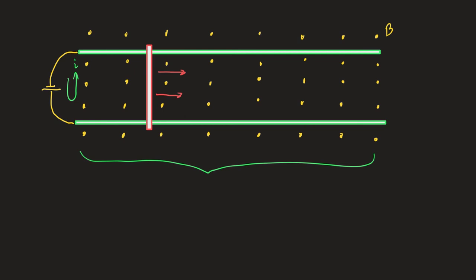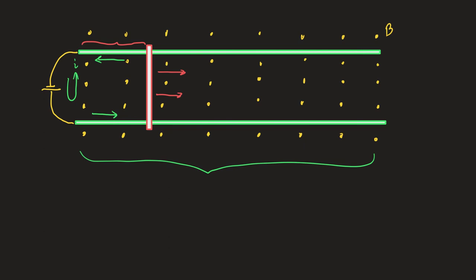Now, of course, at the same time, wherever the bar is, there's also a length of the rail that has a current in it too. So realize that there's now current traveling this way in the top rail and this way in the bottom rail.